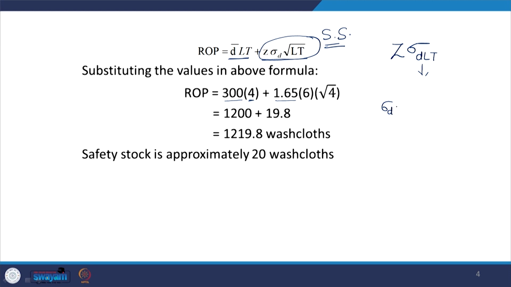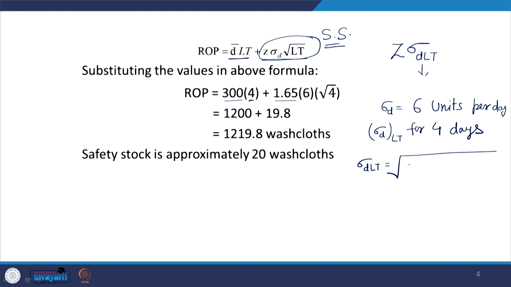For that purpose, sigma D equals 6 units per day. So, my job is to determine sigma D for the entire lead time period, that is for 4 days. So, that sigma DLT will actually be the square root of the sum of the variances of each day. So, variance of each day is 6 square plus 6 square plus 6 square plus 6 square.